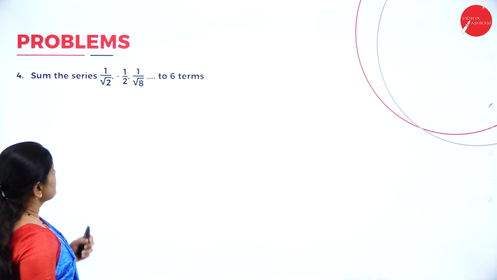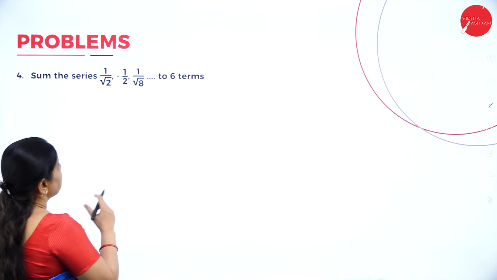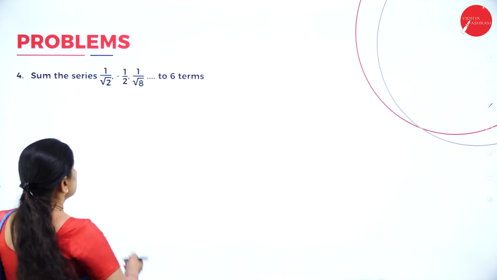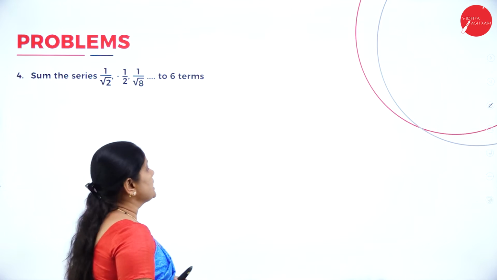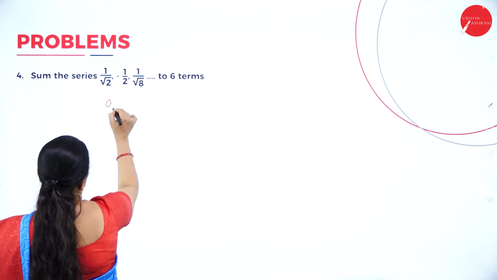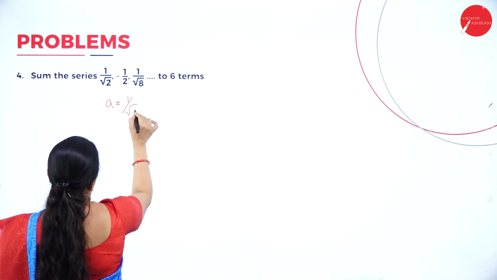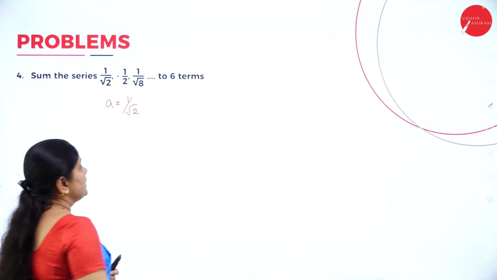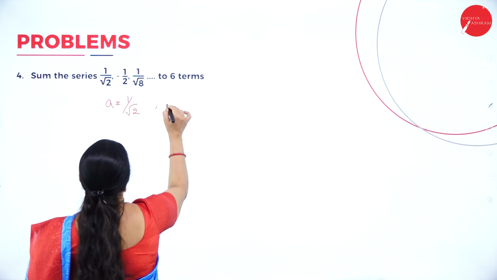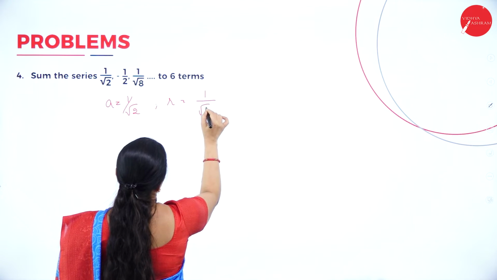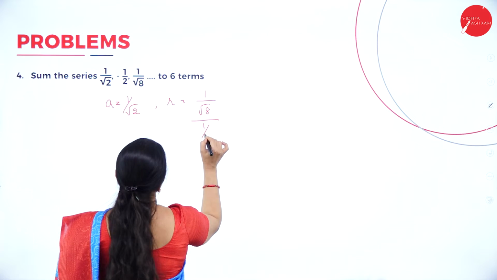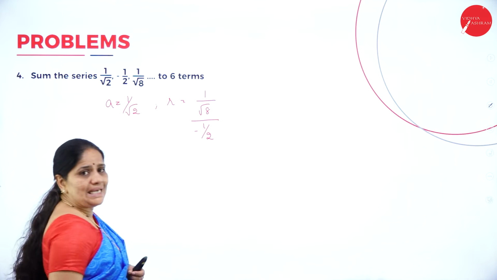Now, the next problem. Here, sum the series to 6 terms. They have given the series here, so we have to sum the series. I'll just write what is A. A is 1 by root 2. Then, I have to find R. R equals 1 by root 8 divided by minus 1 by 2.